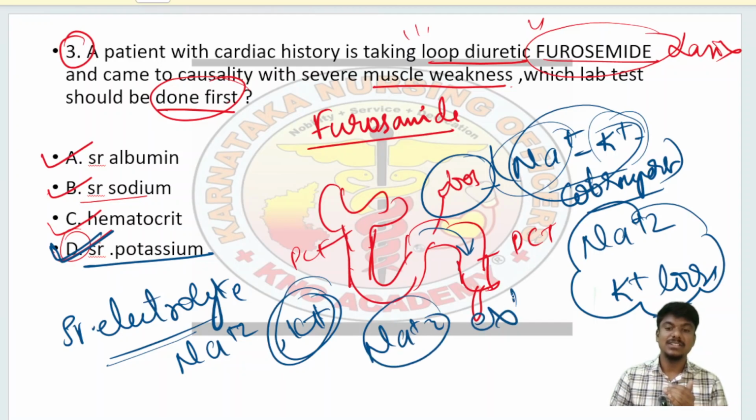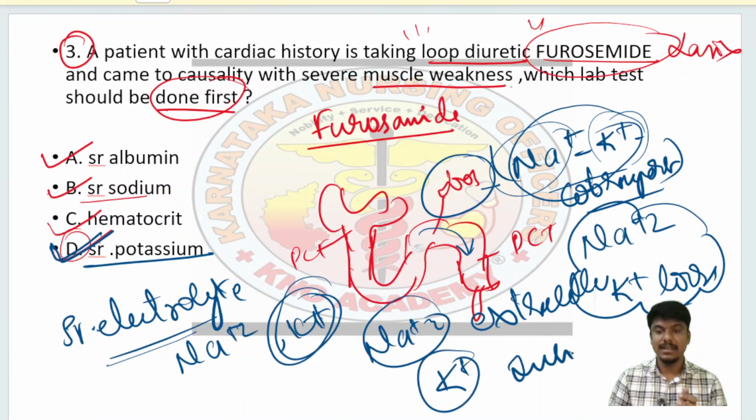Because sodium is rich in the extracellular fluid, while potassium is rich inside the cell. We can call the cell a bag of potassium. So there is more chance of potassium coming out of the cells.